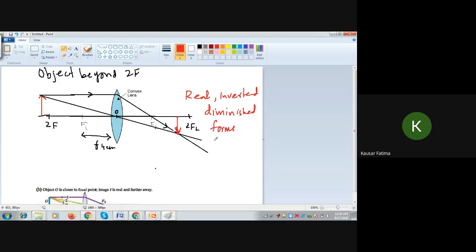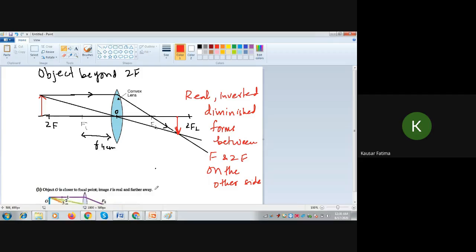It forms between F and 2F on the other side. So this was about the object when it is placed beyond 2F.